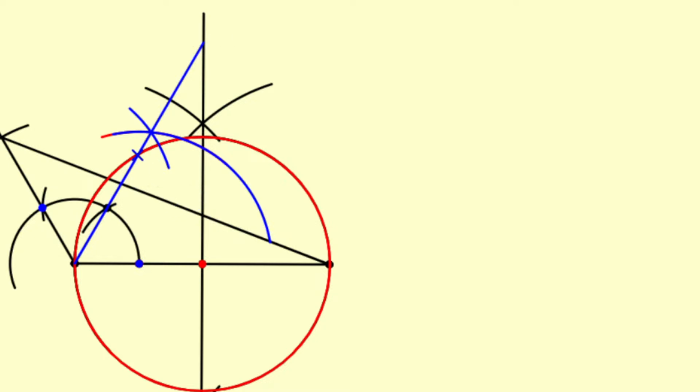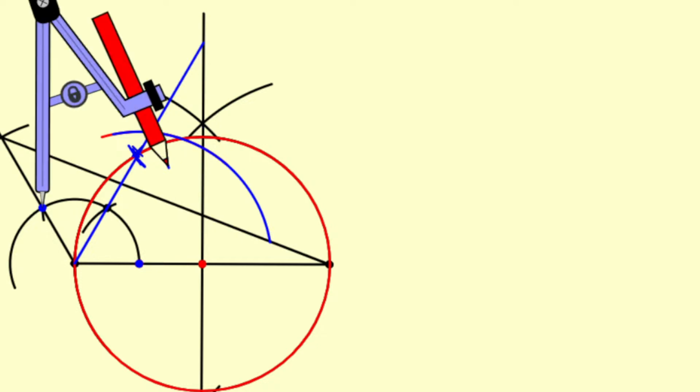Now at this point we will get P. I am just marking it. So this is the point P on the circumference of the circle. Here you can see this point is lying. I have just highlighted it with a different color.